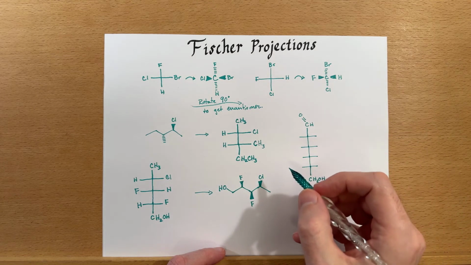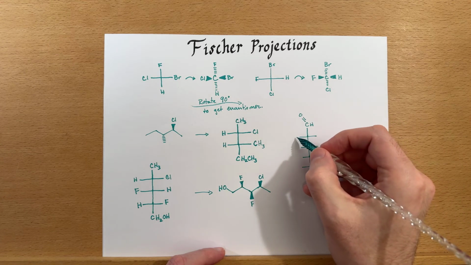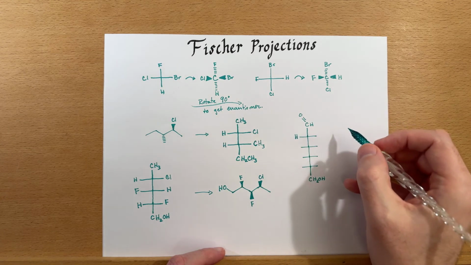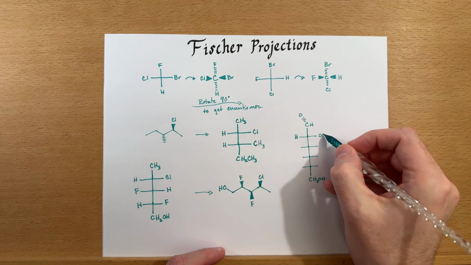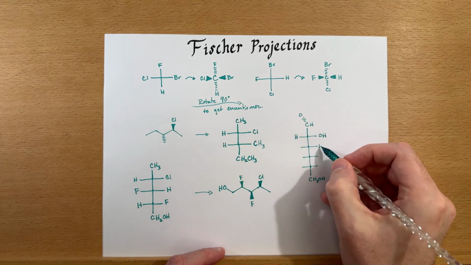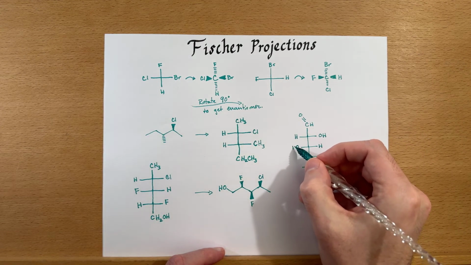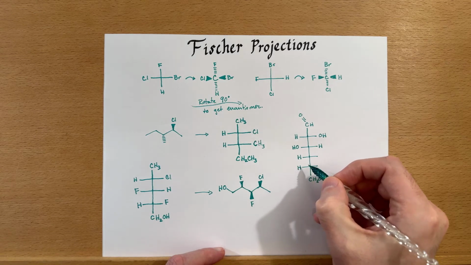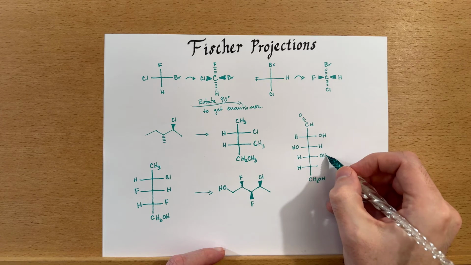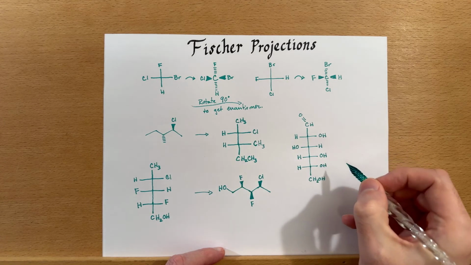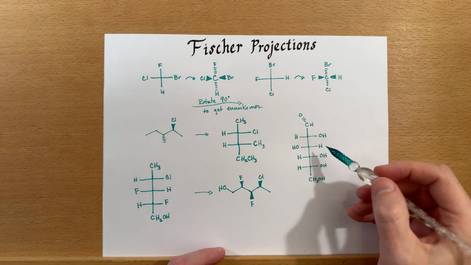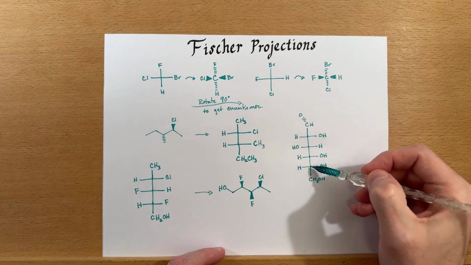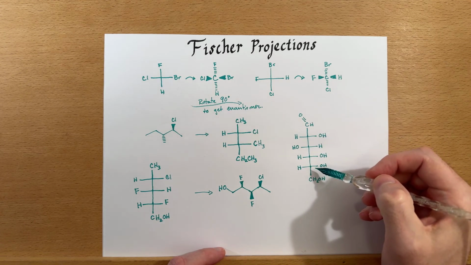So I will draw the D-glucose variation of this. So notice how there's many stereocenters. There's 4 in this molecule.